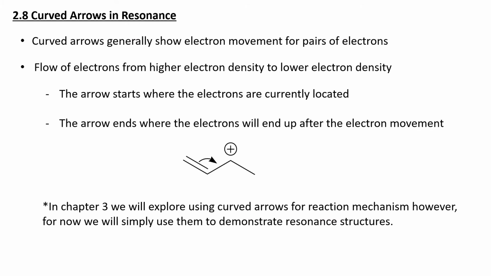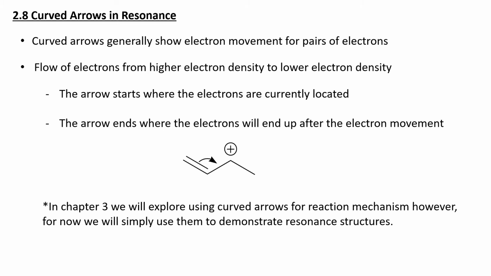Section 2.8 deals with drawing the curved arrows that you're seeing in resonance structures. We're going to learn the rules for drawing resonance structures, and then in our next lecture, we're going to learn several patterns so that you can begin to draw resonance structures on your own. But first, you need to master looking at the arrows and knowing what they mean.